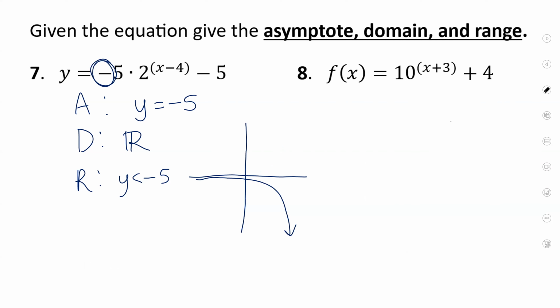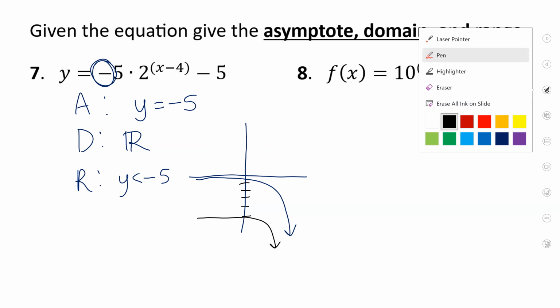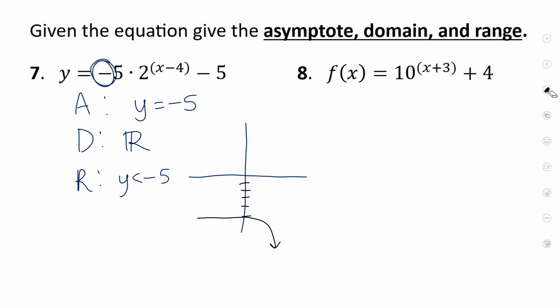And then you went down 5. So now you're here. That's what your graph looks like. So she was correct to say that y is below -5. Y is less than -5. You can also put -infinity to -5. Everyone write both ways down.